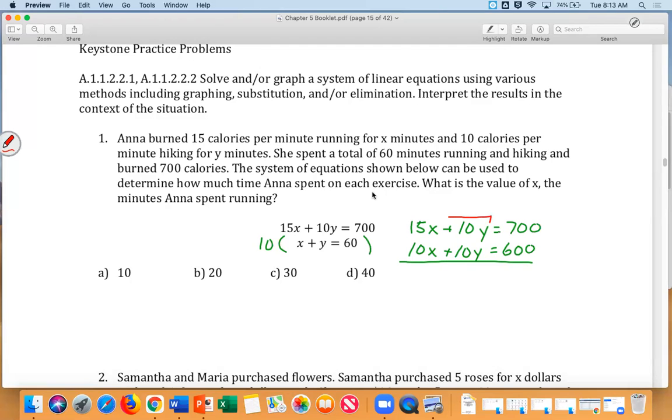The y's are the same. So I subtract. Leaves me with 5x, they cancel, equals 100. X equals 20. And I'm done. Pretty straightforward, right?